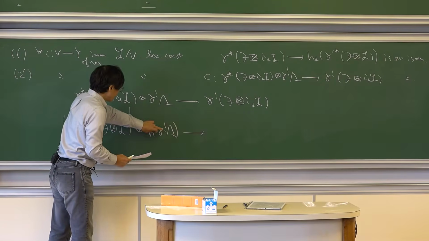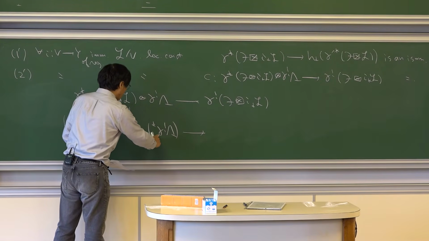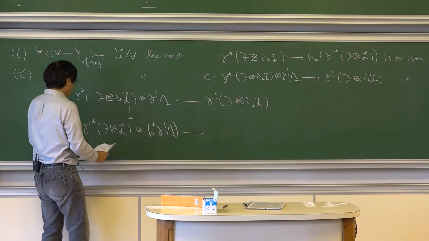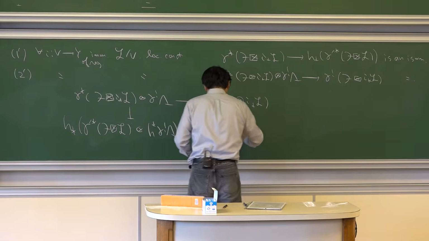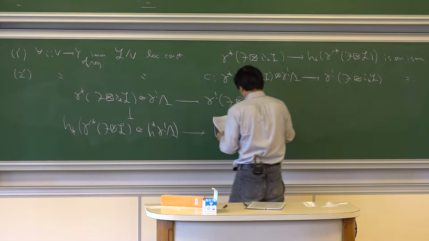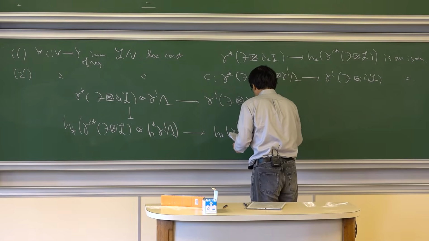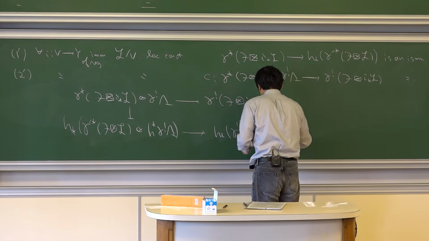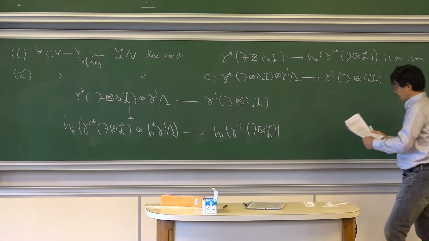and if you go from here to gamma prime sheaf of lambda, then we have C for gamma prime. So we can go there.